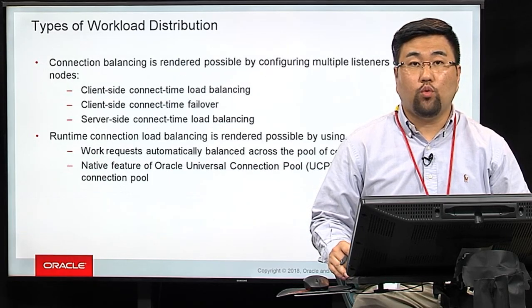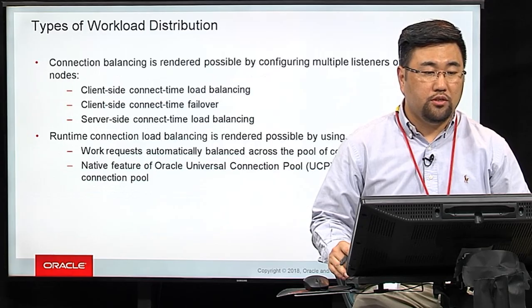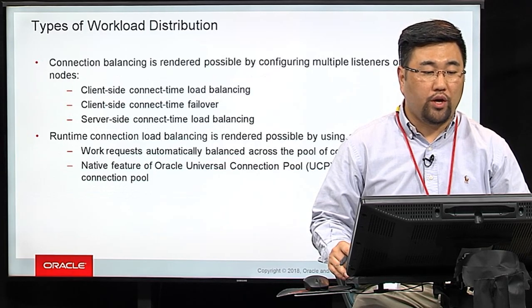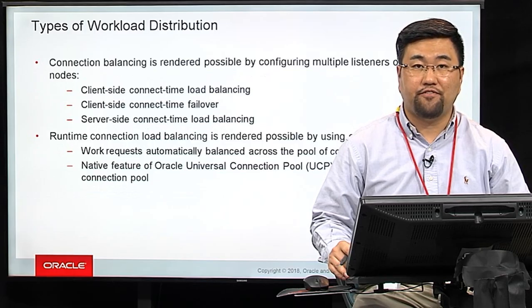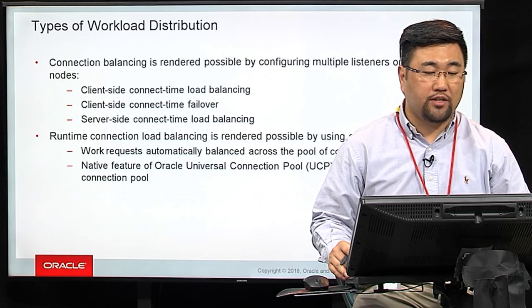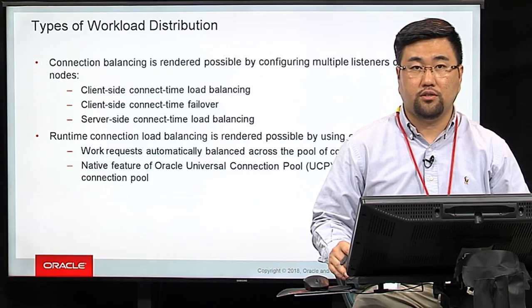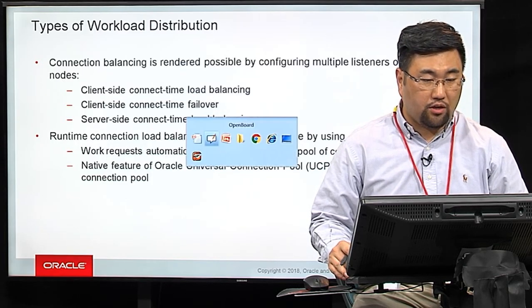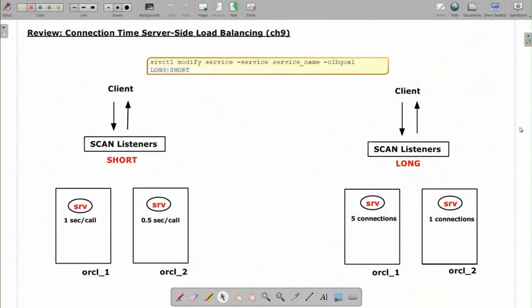So here are the types of workload distribution: what is client-side connection time load balancing, what is client-side connection time failover, what is server-side connection time load balancing, and what is runtime load balancing. Basically, I covered this topic like this.